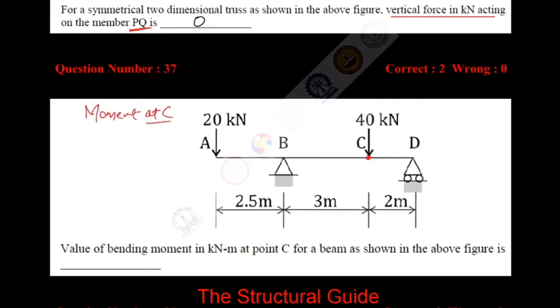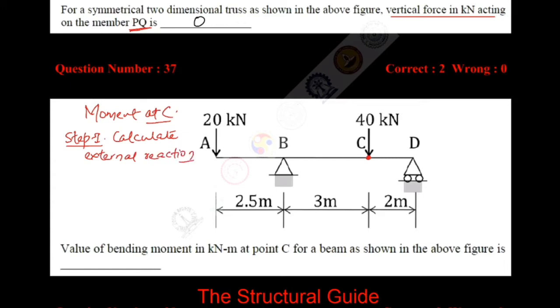As I told you earlier, for the calculation of shear force and bending moment, do follow the simple steps. Step number 1: calculate external reactions.